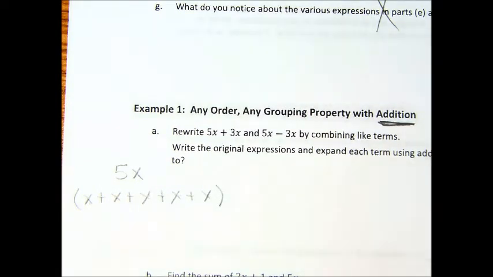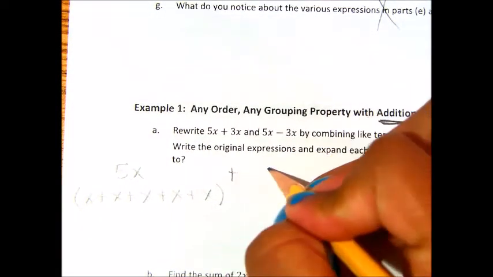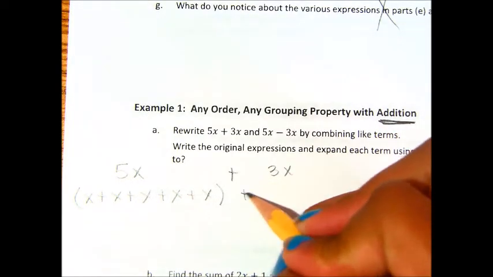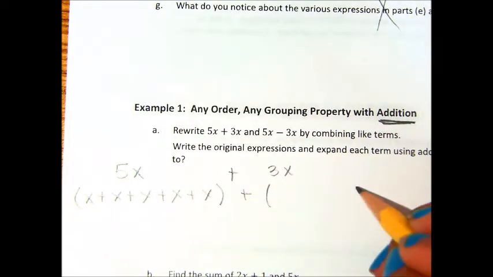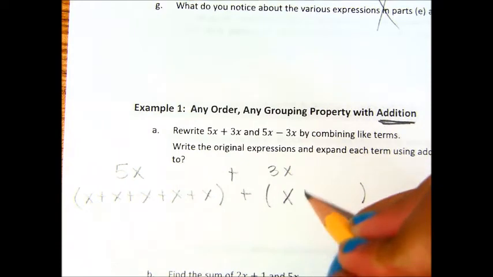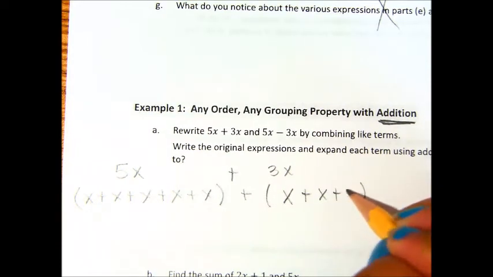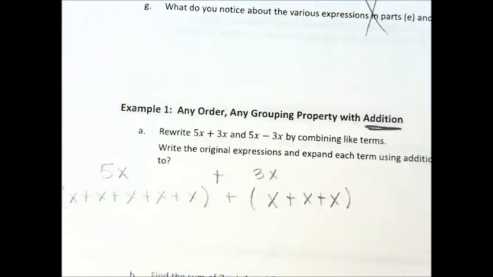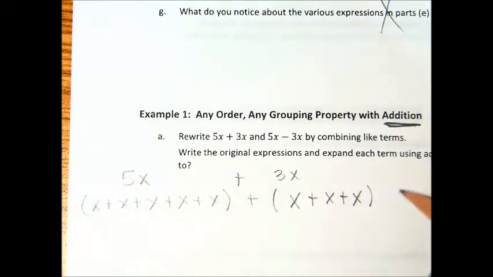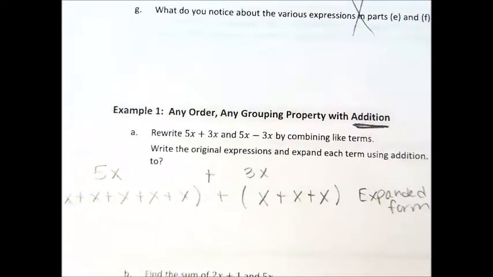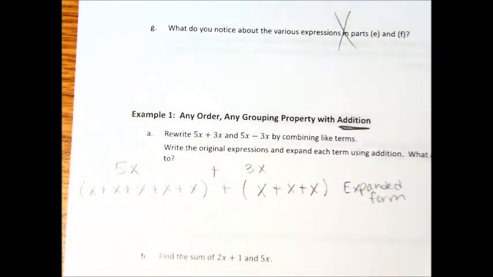Now I want to show that being added to 3x. So in another set of parentheses, I'm going to have (x plus x plus x). This is called expanded form. I have taken a short problem and expanded it out.